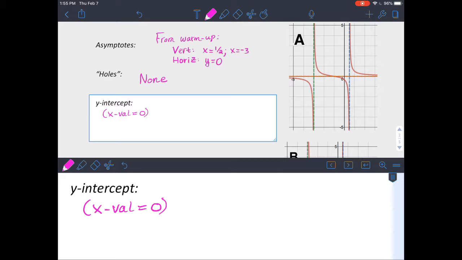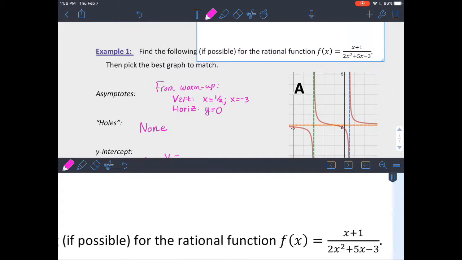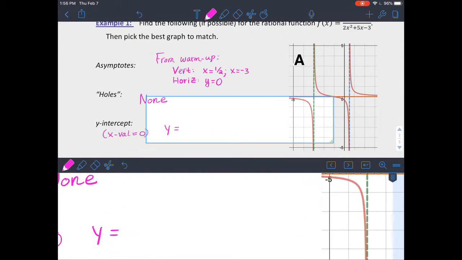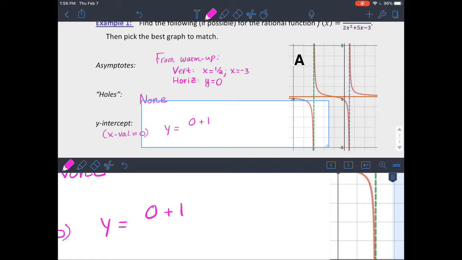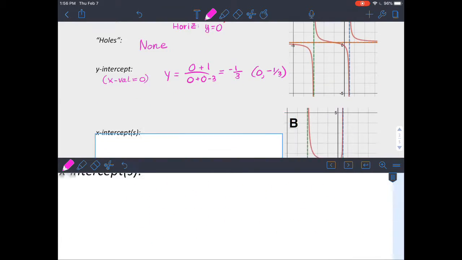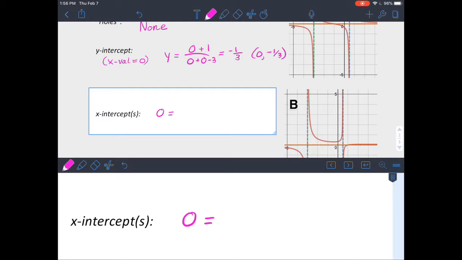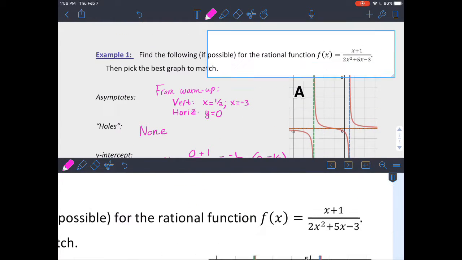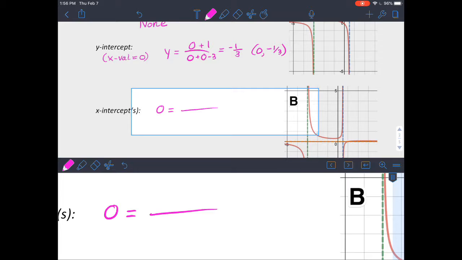Y-intercept, x value is equal to 0 there. So plug in 0 for x, you'll end up with y equals -1/3. So it'll cross the y-axis at 0, -1/3. For your x-intercept, plug in 0 for your y value, and I guess scroll back up.